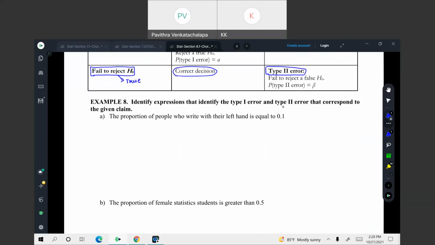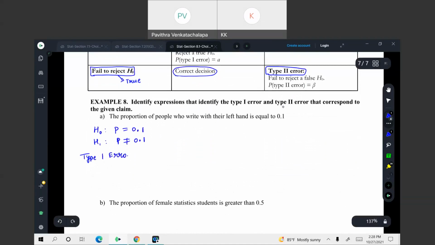For the first example, the null hypothesis is p equal to 0.1, and the alternative hypothesis is p not equal to 0.1. Now type 1 error, how do you write it?